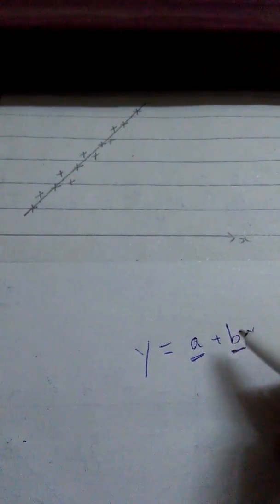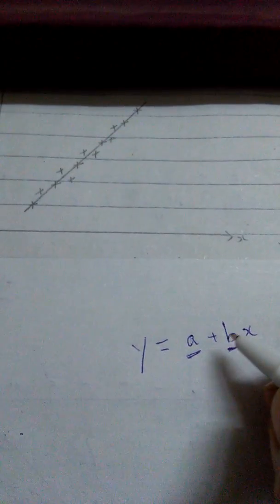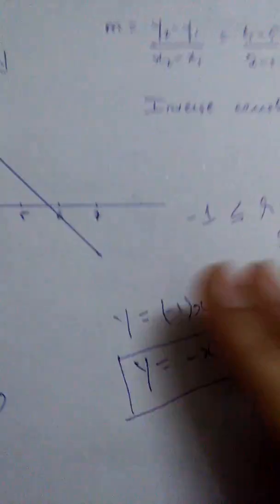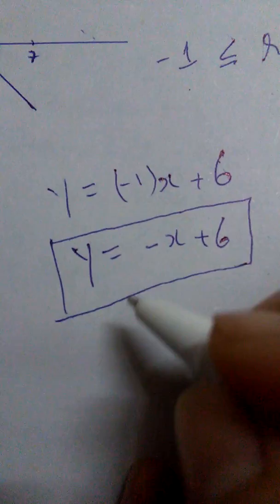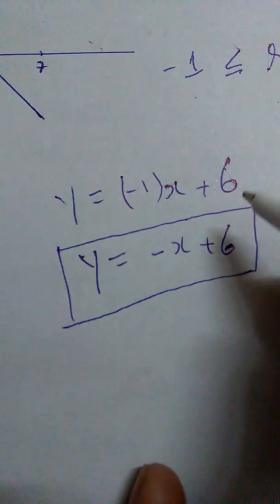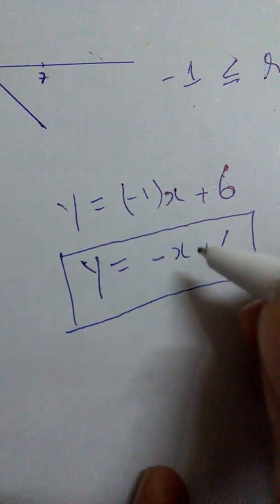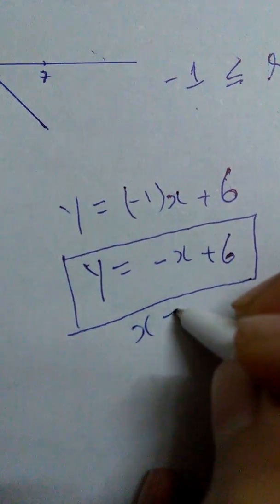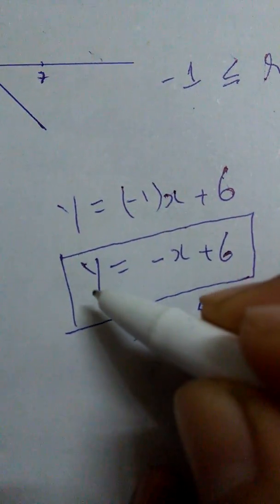Once this equation has been formed, you will have numerical values of this a and b. For example, we have formed this equation, and you can see that the value of your b or m is -1 and the value of your a is 6. Once I assign the value of x, with the help of that you can determine the value of y. Say my value of x is 50, then tell me the corresponding value of y.